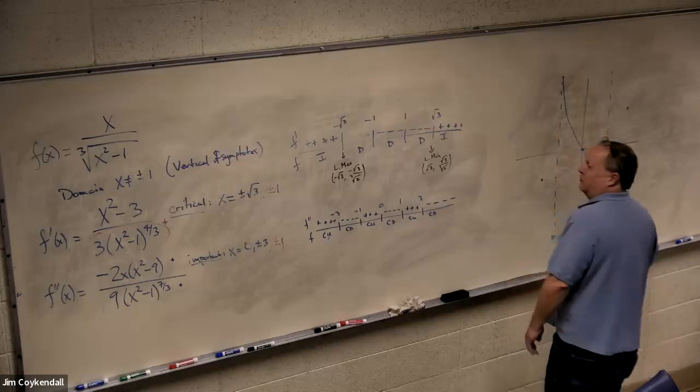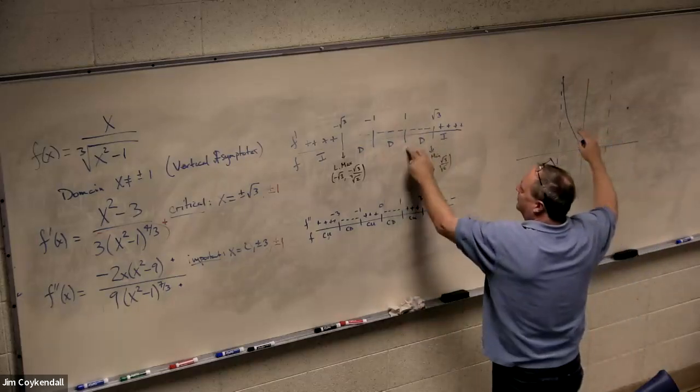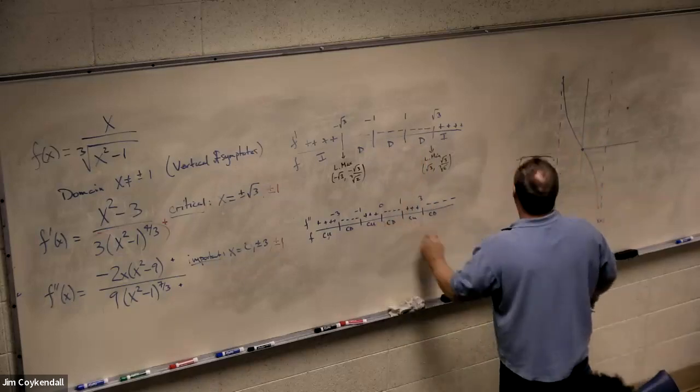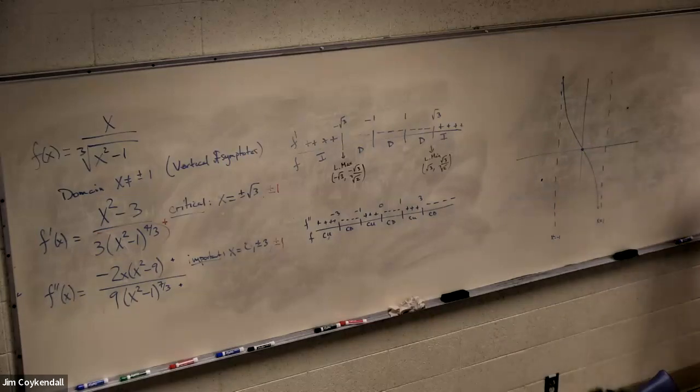I think that captures what I want. It decreases off the asymptote all the way down to the other asymptote, always decreasing in this range. Concave up, concave down. Everybody okay with that?